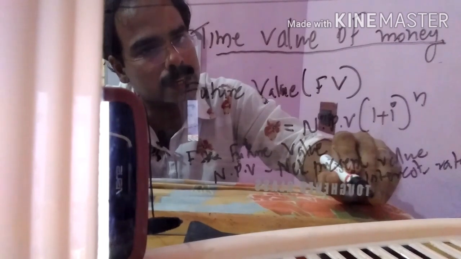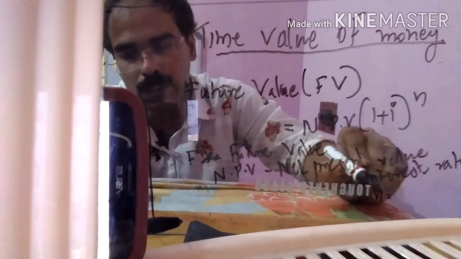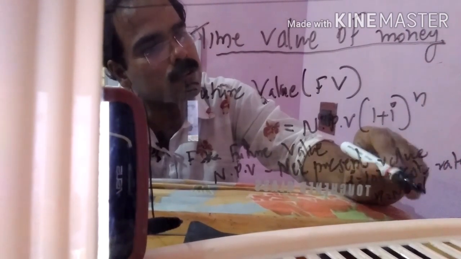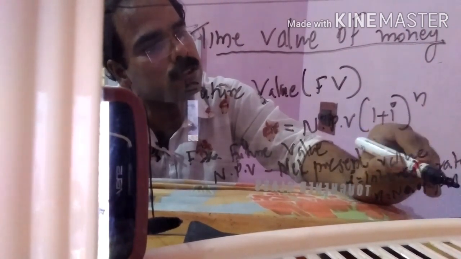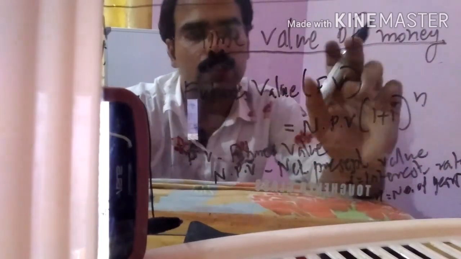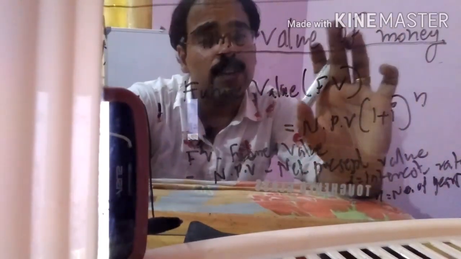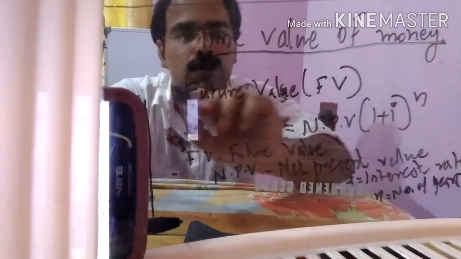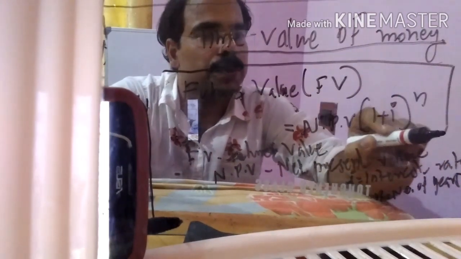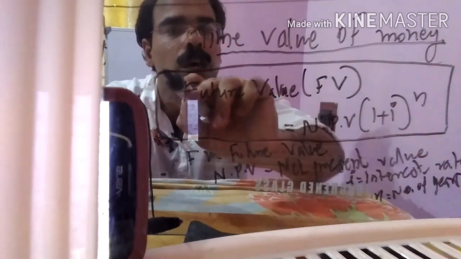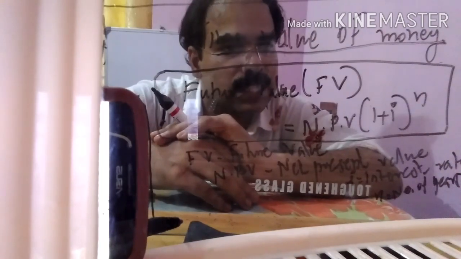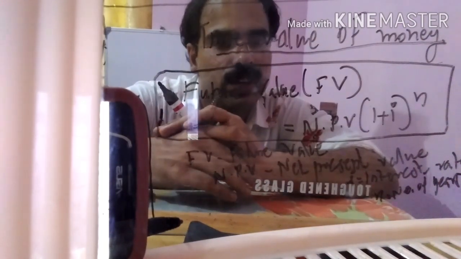And N means number of years. So the future value and present value can be equated using this equation. Future value is equal to NPV into (1 plus i) raised to n, where FV is future value, NPV is net present value, i is the interest rate, and n is the number of years required.